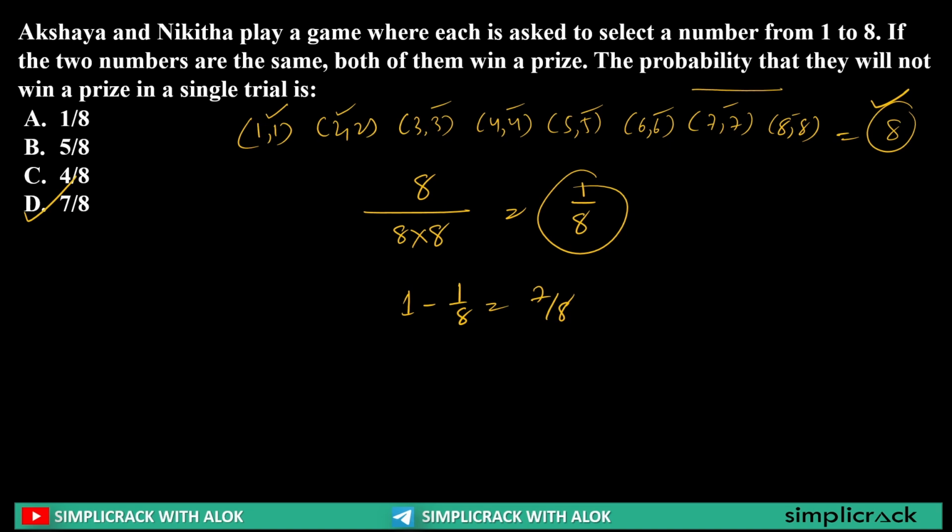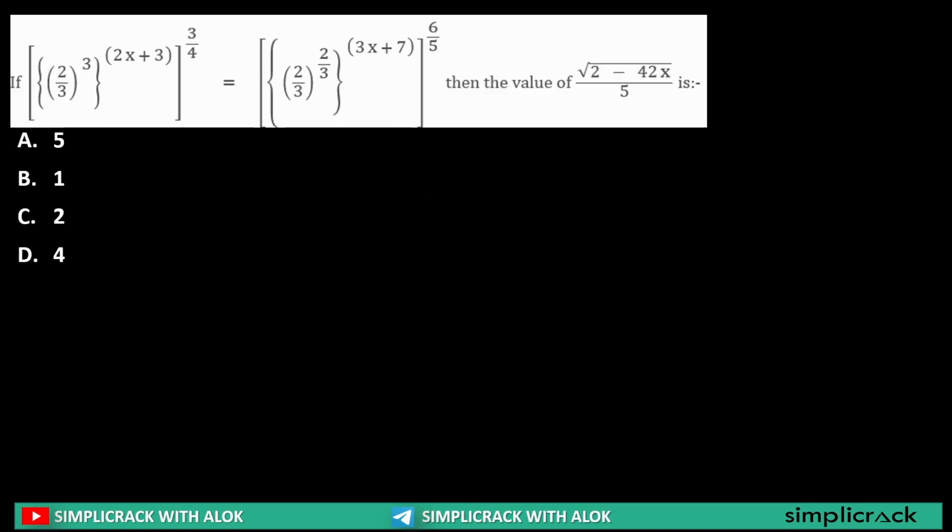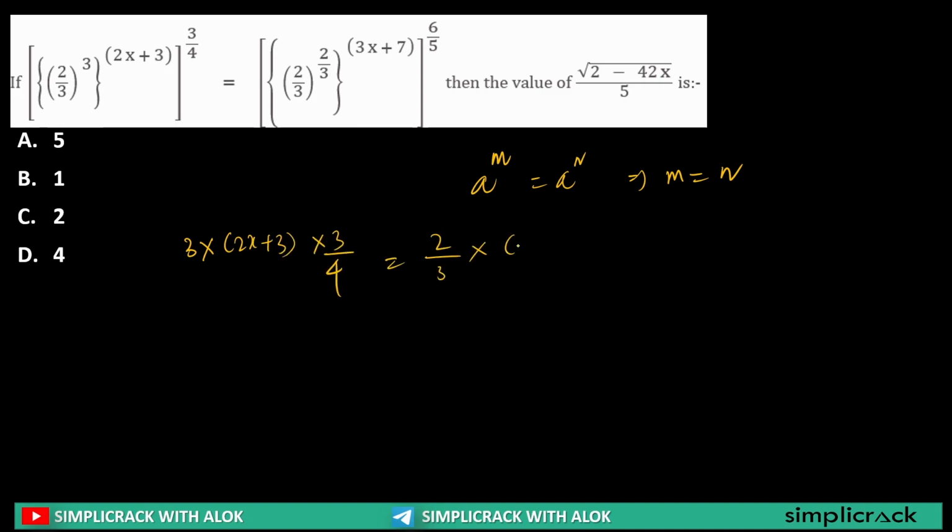Okay? So the next question. See, in this question the simplest possible way is, you need to understand, a to the power m is equal to a to the power n means m is equal to n. As simple as that. That means 3 into 2x plus 3 into 3 by 4 is equal to 2 by 3 into 3x plus 7 into 6 by 5.